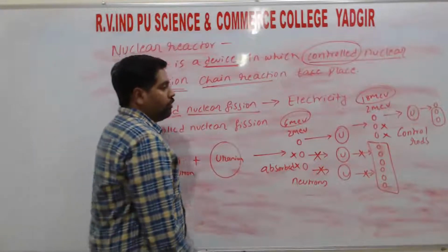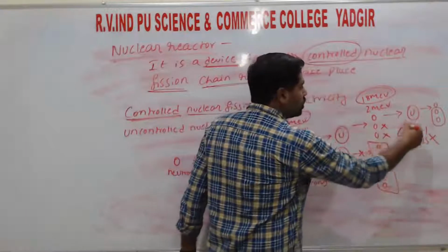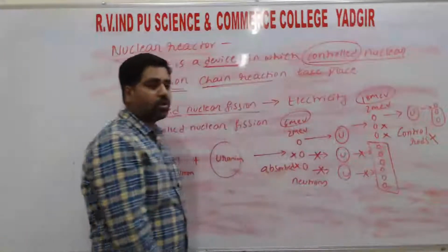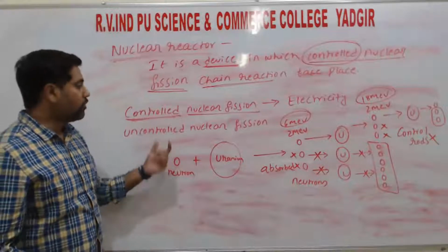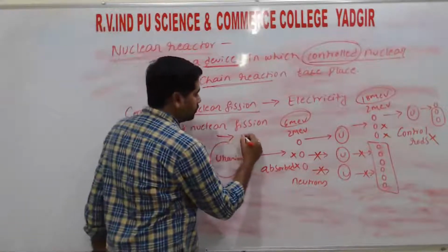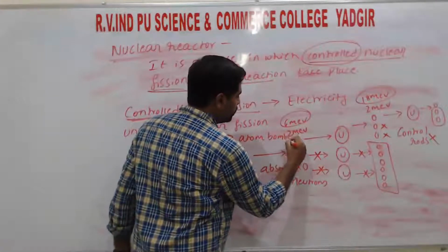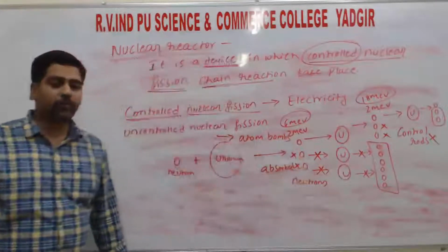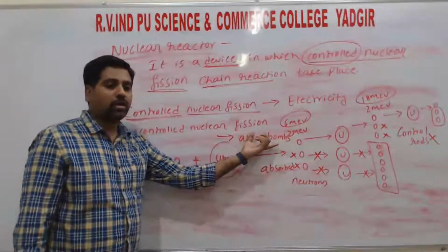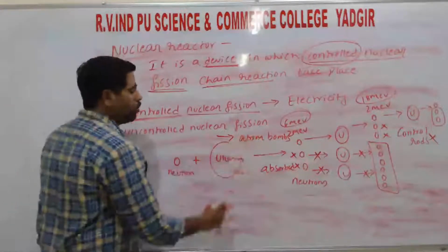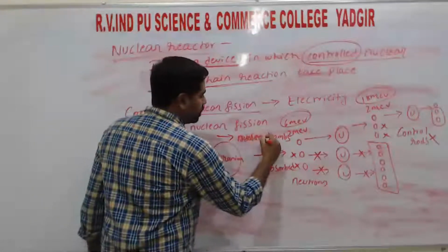If we are not using these control rods, then the number of neutrons goes on increasing and the maximum energy is released. That one we use as atom bombs. So this uncontrolled nuclear fission process is used in the atom bombs, or we call them nuclear bombs.